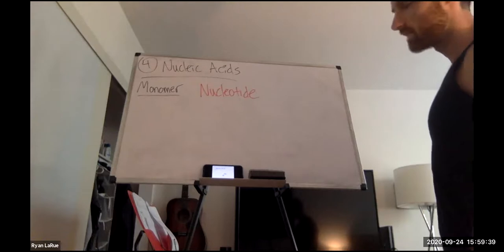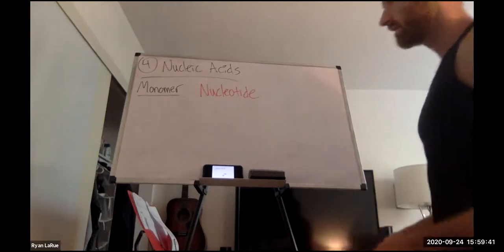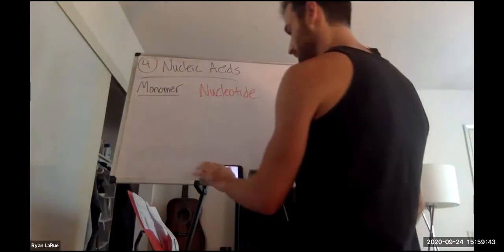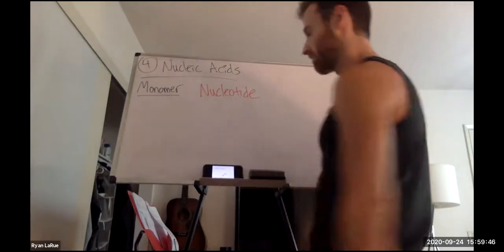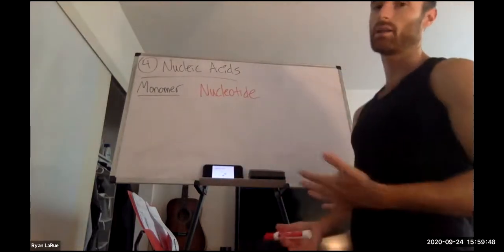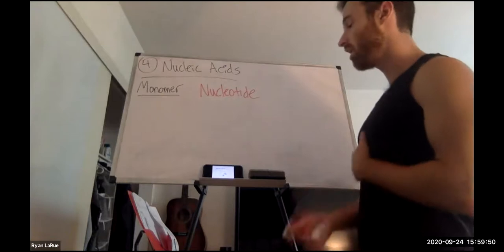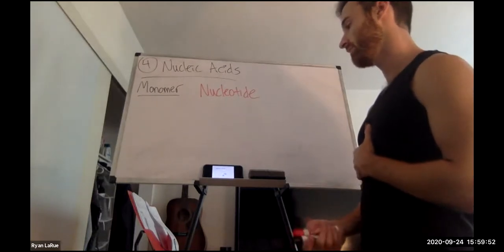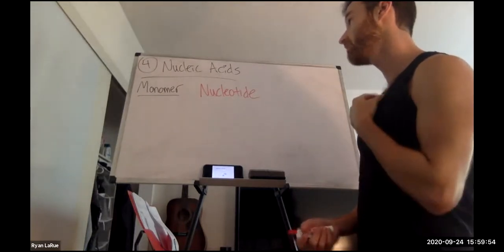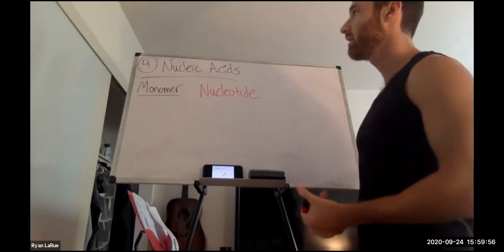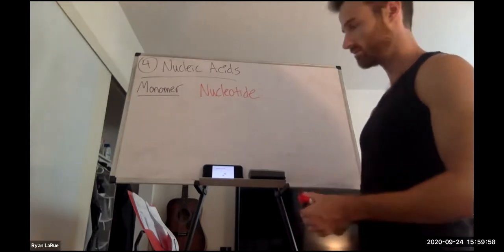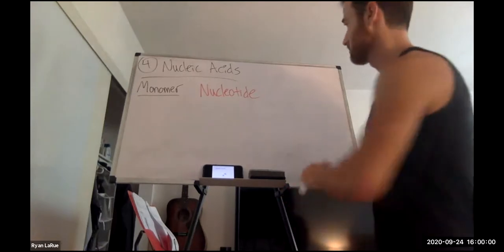We're going to look at the structure of a nucleotide that we would find in a nucleic acid polymer that I'm sure many of you have heard of, called DNA.